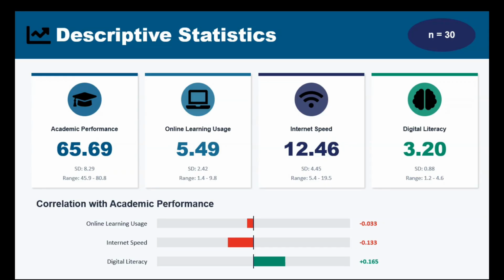What does it mean? The academic performance is at 69.65. What about the digital literacy? 3.2. The internet usage speed? 12 Mbps.